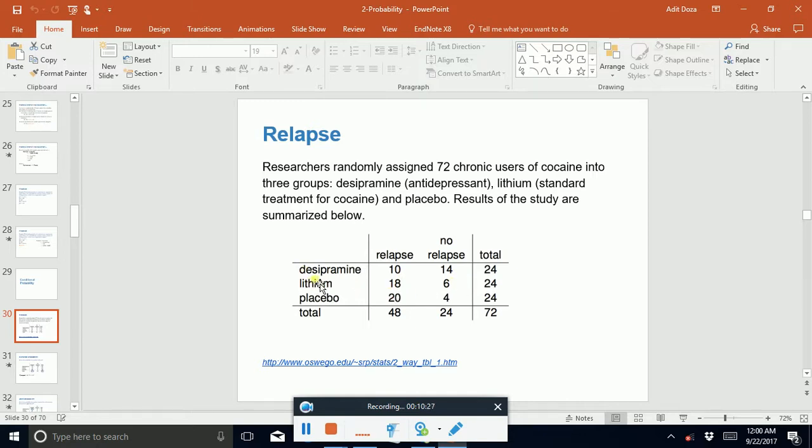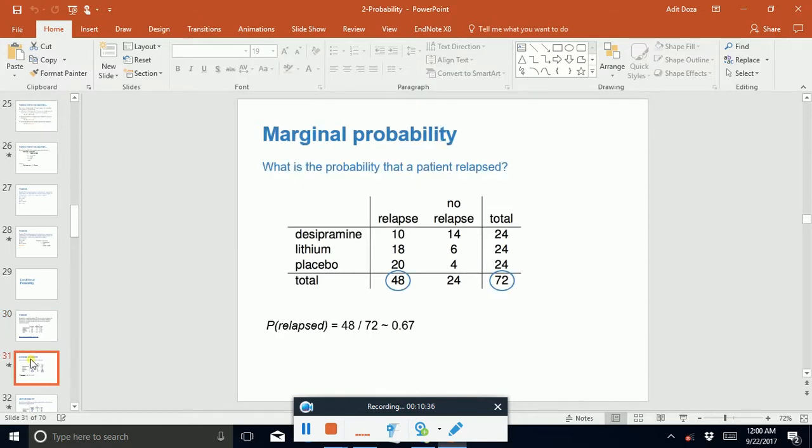For desipramine, lithium, and placebo, and all sum up to 24 and the total is 72. So what is the probability that a patient relapsed, right? So here, out of total 72, 48 relapsed, so the probability the patient relapsed is 48 over 72, right?